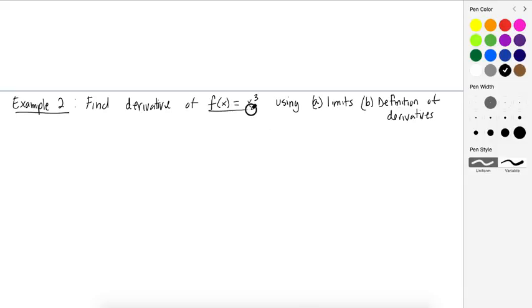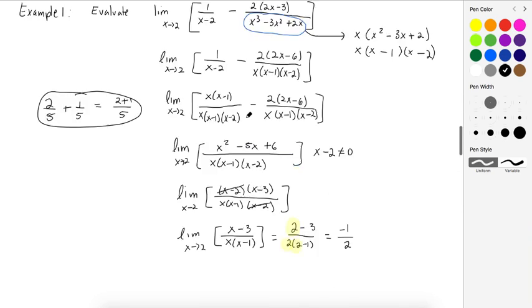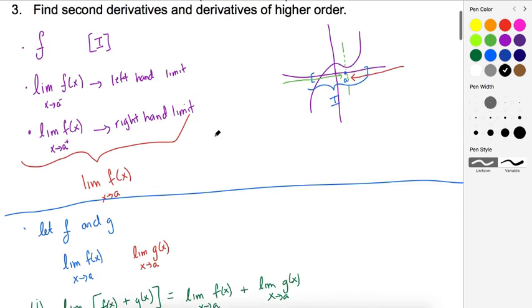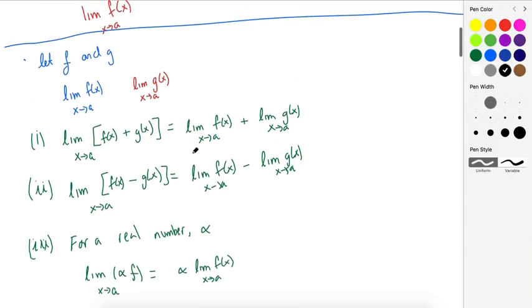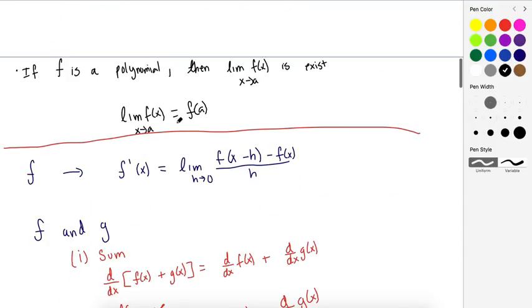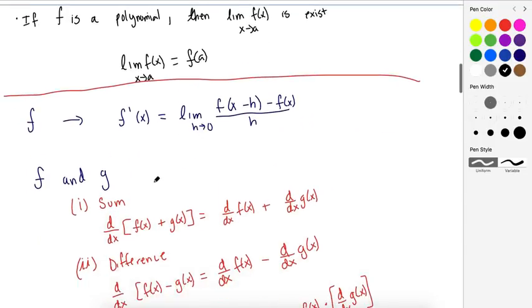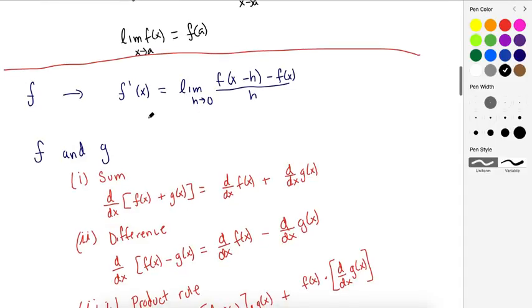Okay, so this is our function right here, f of x, and that's equal to x to the power of 3. Now let's look at the definition of limits right here. We knew that when we're doing the derivative of a function f, the derivative is going to be equal to this. That's the definition.